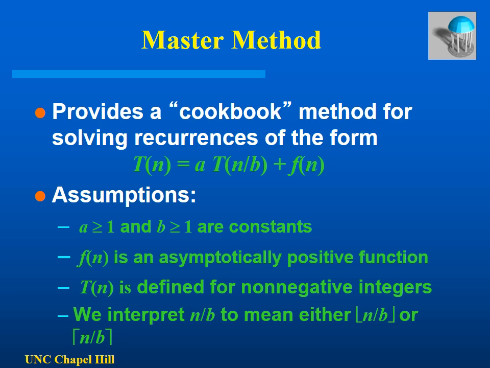We know how to ignore that. If we have that, and if the a and the b and the f of n satisfy certain constraints that we'll talk about, then the master method tells us what the solution is.